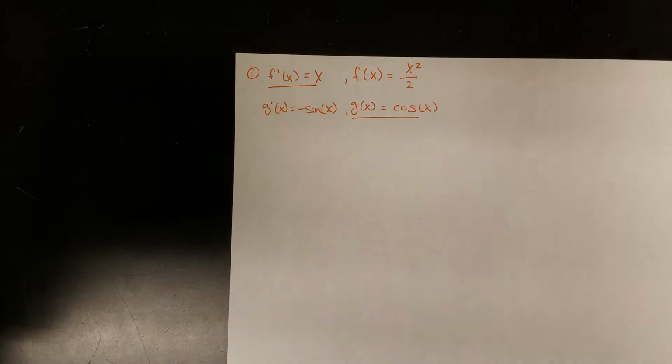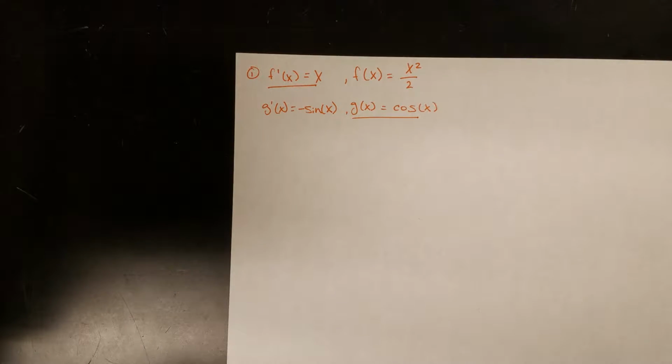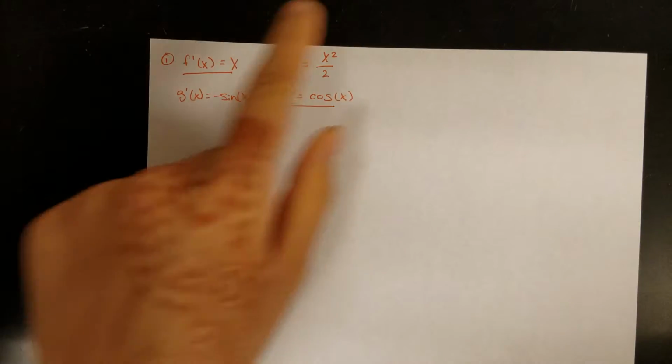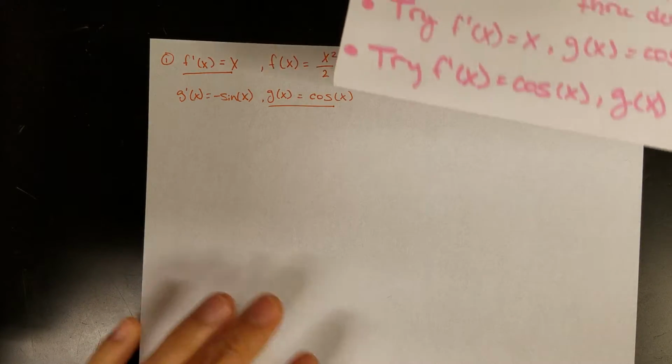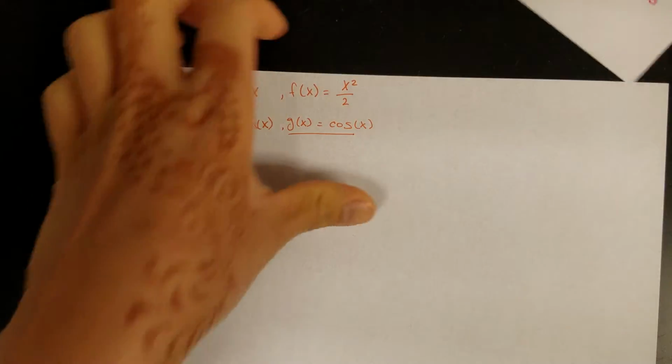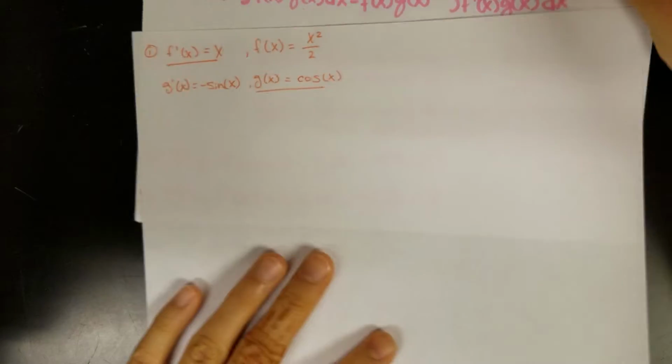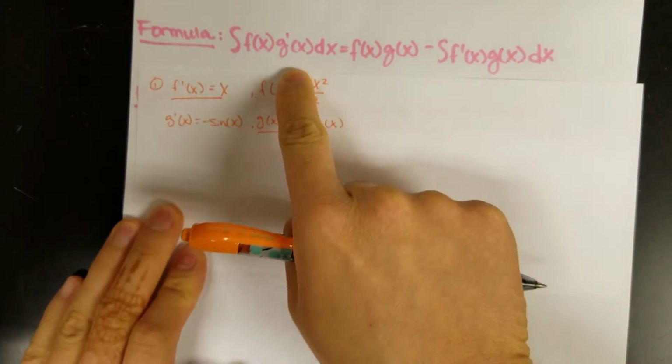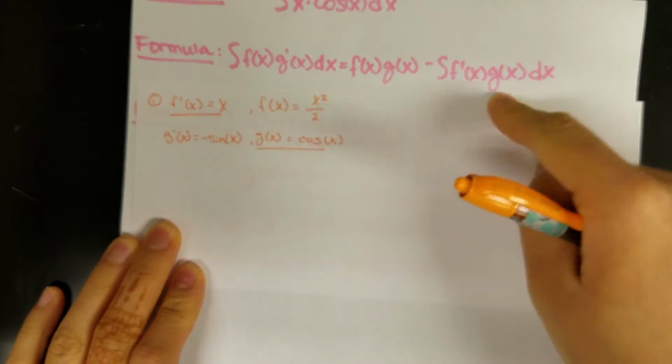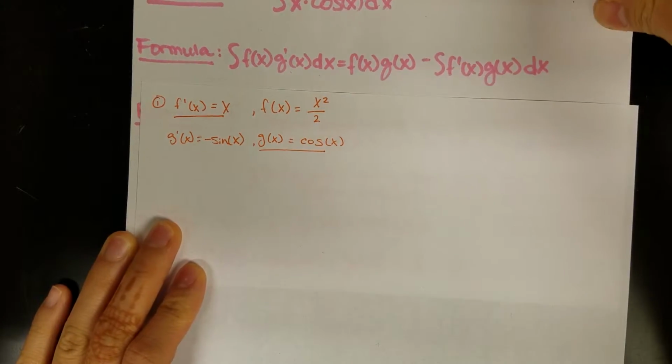Okay, so these are the ones that were given to us. Now that we know what our little variables are, we can plug them into this general formula we've got.